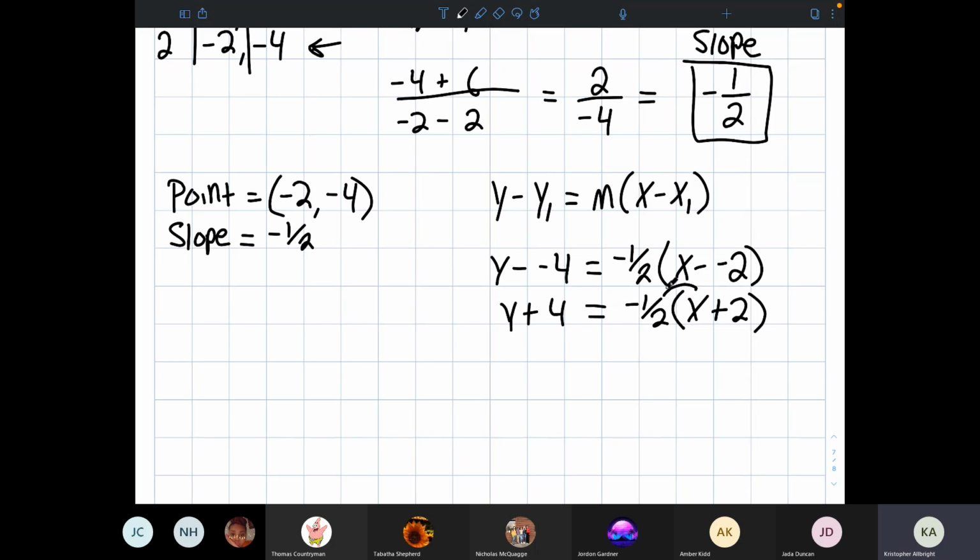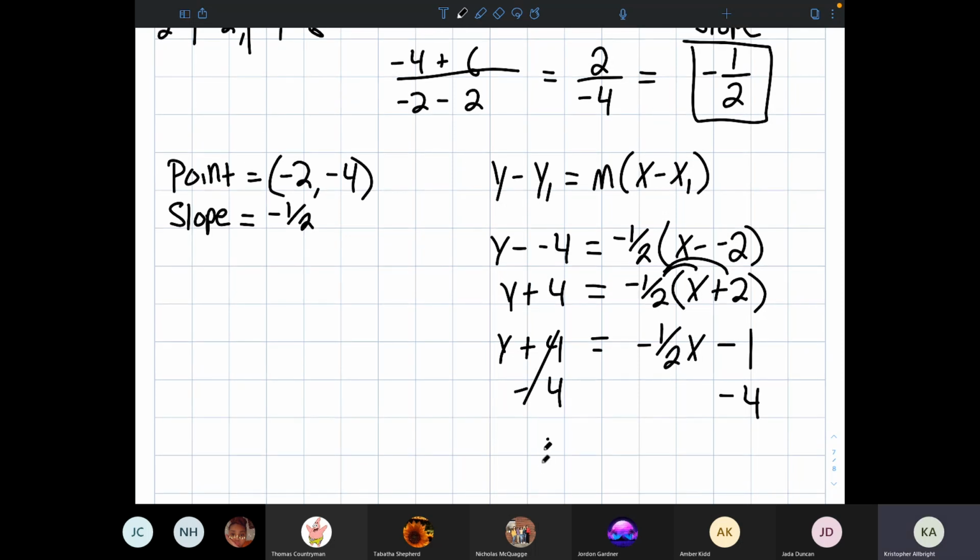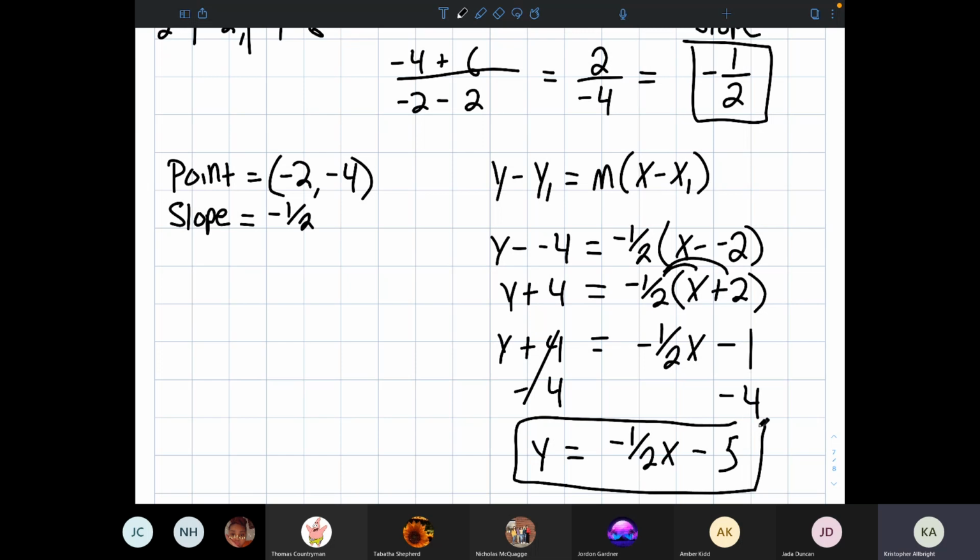We take this 1/2 and we multiply it in, so we end up with -1/2 x minus 1. Y plus 4, we subtract 4, subtract 4. So we end up with y equals -1/2 x minus 5 in slope-intercept form.